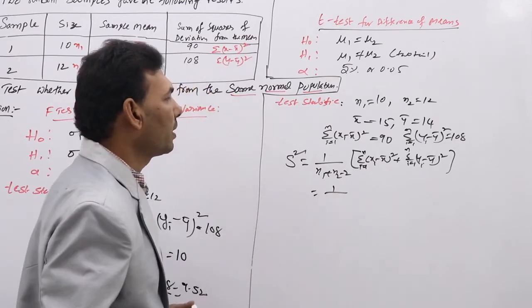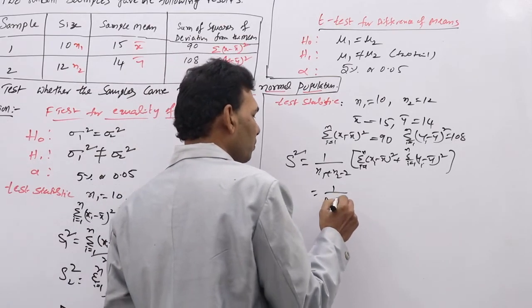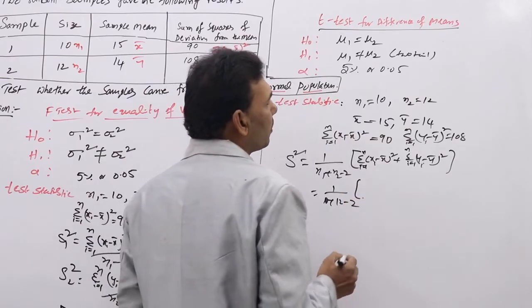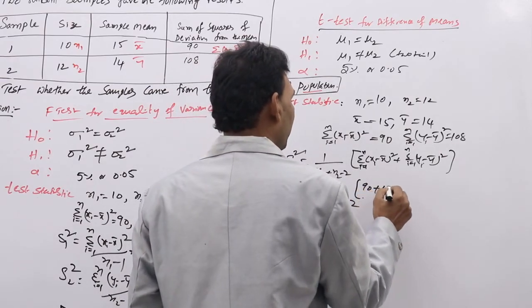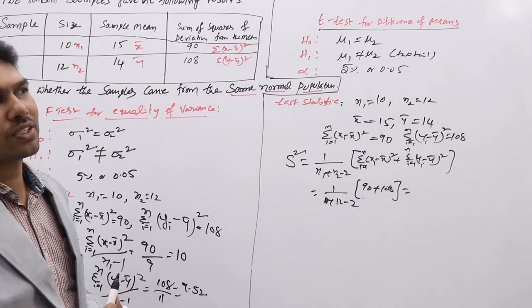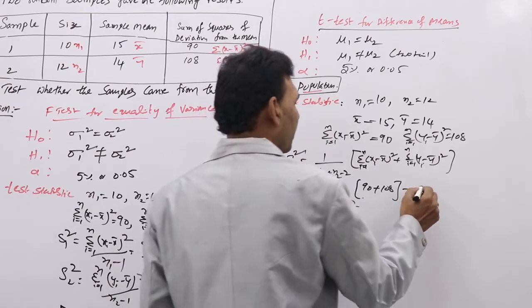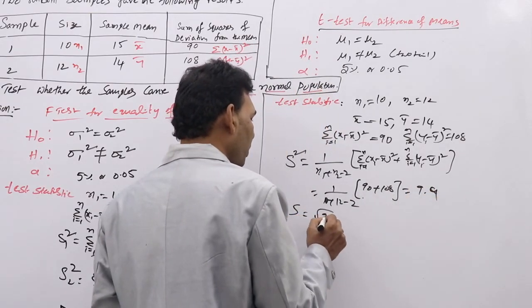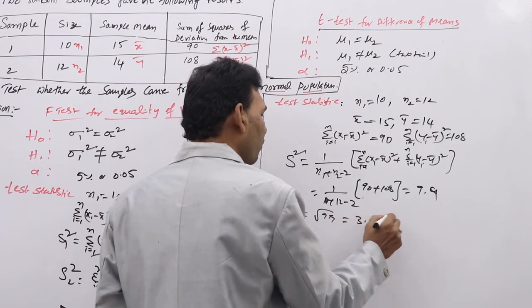That is 1 by (10 plus 12 minus 2) into (90 plus 108). Calculate, you will get S square 9.9. Use a calculator, S will be root 9.9, which is 3.15.